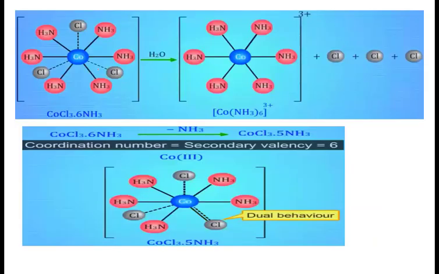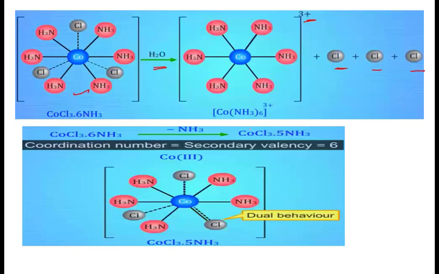The same thing you can see that this compound on dissolving in water will ionize as [Co(NH3)6]3+ plus 3 chloride ions, or 3 Cl- will be written.